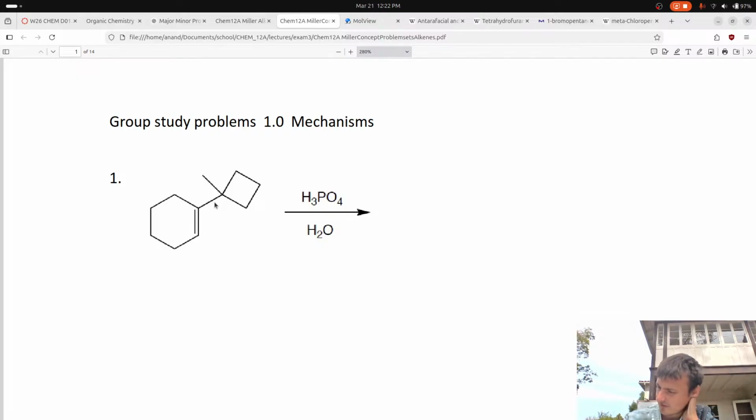And what's going to form is, H2O comes and attacks the tertiary carbocation, which is going to form the alcohol. I think they're just trying to make it look complicated, but it's not that complicated.